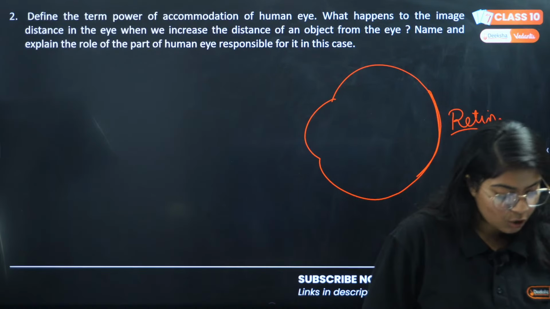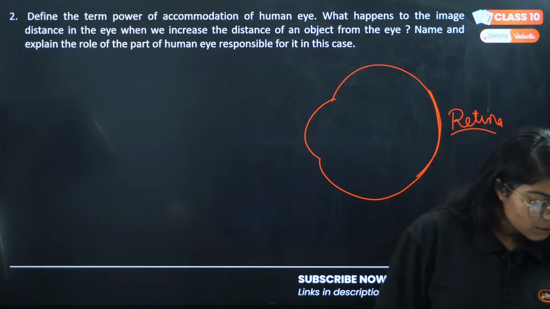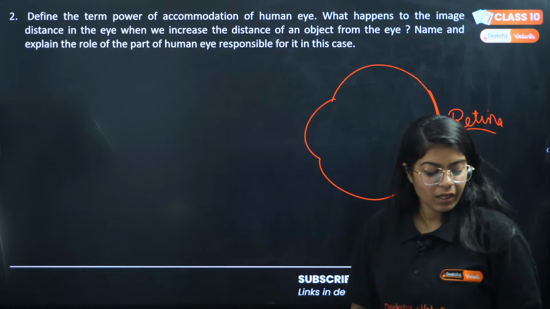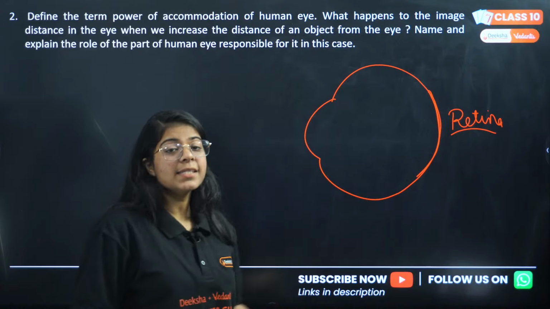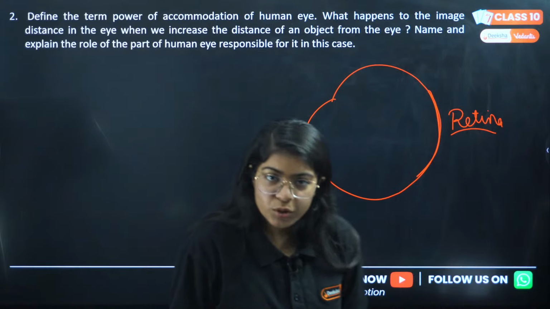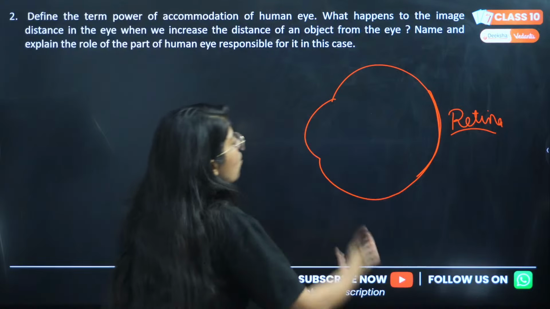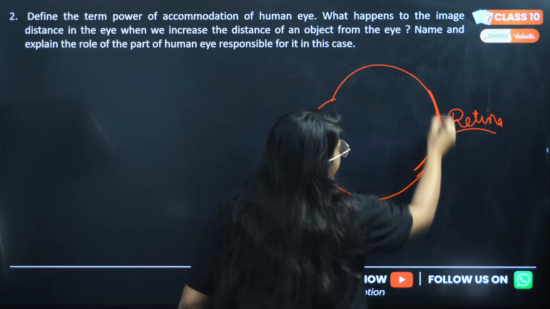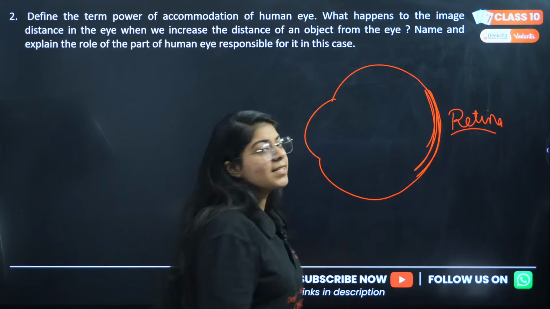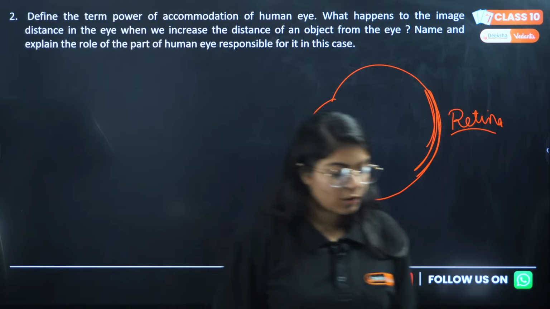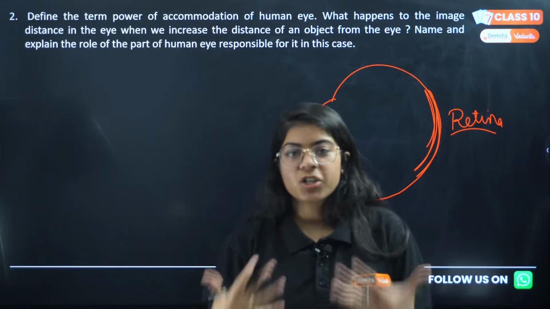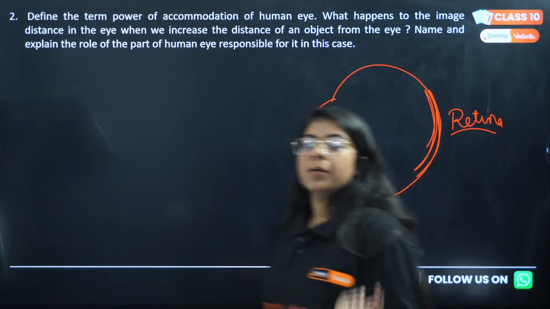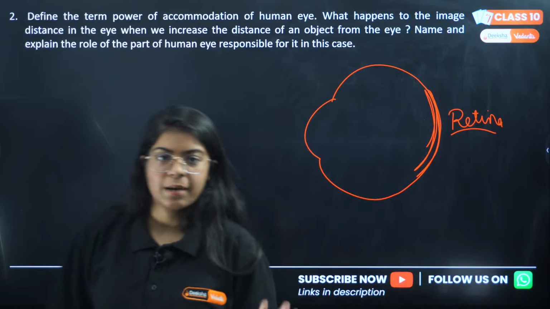Sayar is saying no. If my object distance changes from my eye lens, my image distance won't change. Why? Because the image is always formed at the retina. My lens is definitely changing shape or focal length, but my image distance remains the same, correct?